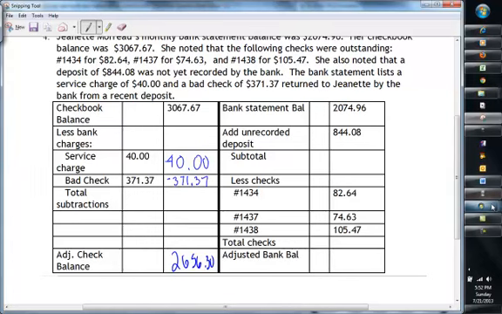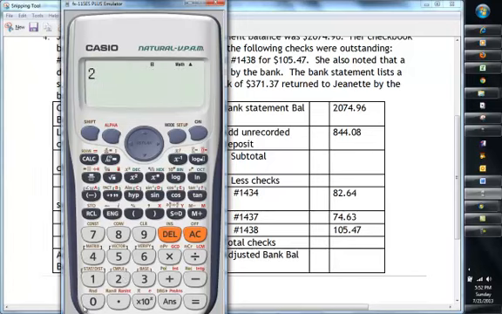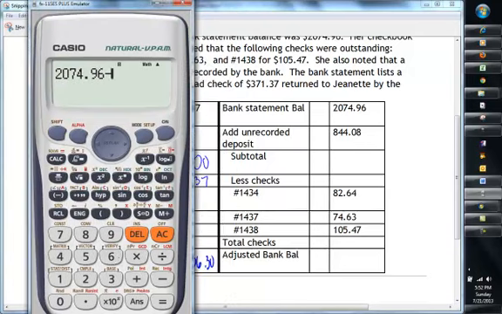On the other side, you've got what the bank doesn't know. Well, it thinks you have $2,074.96 in it. But it didn't have a deposit of $844.08. It didn't have the checks that you had written for $82.64.